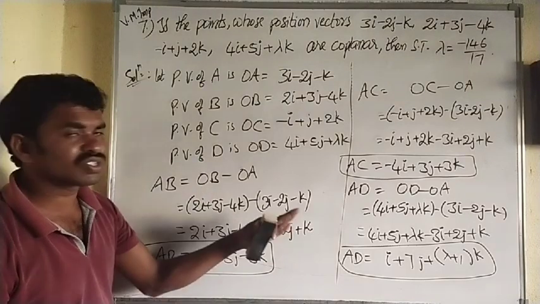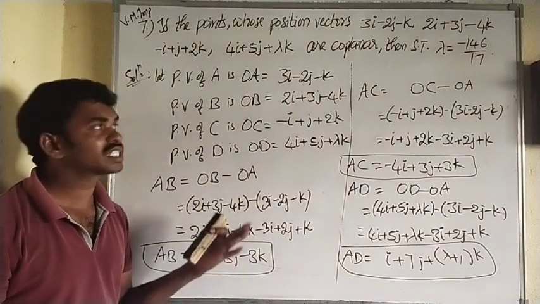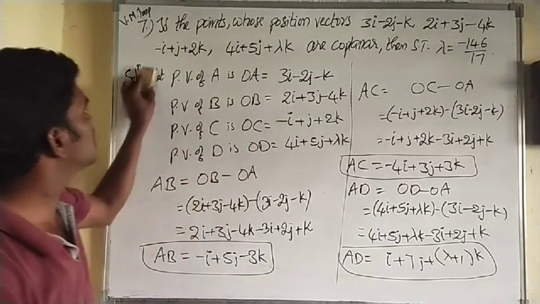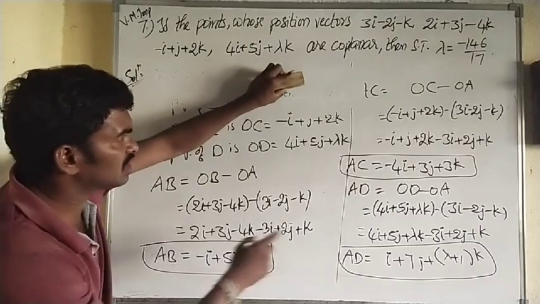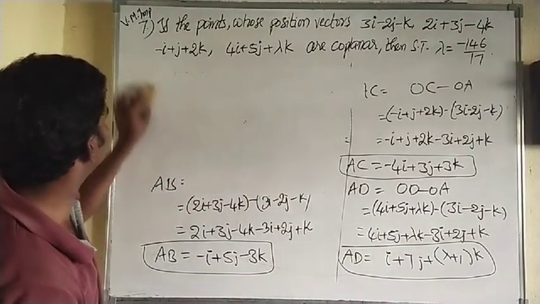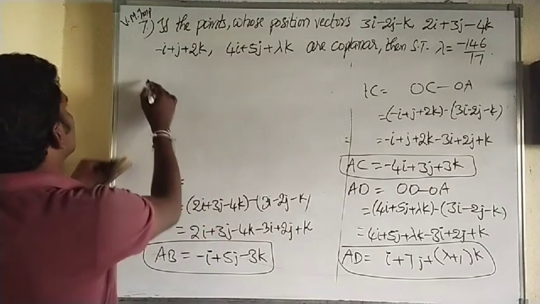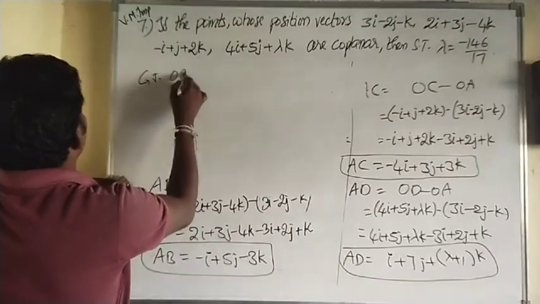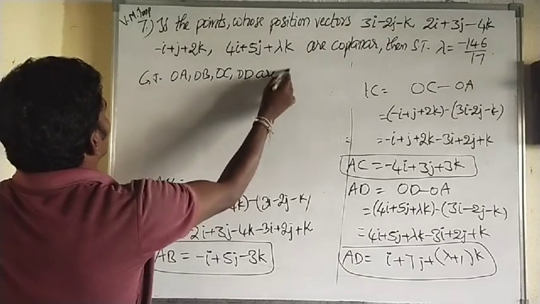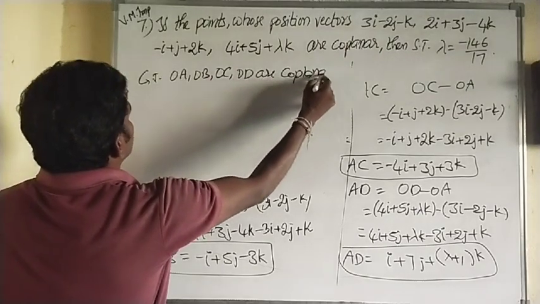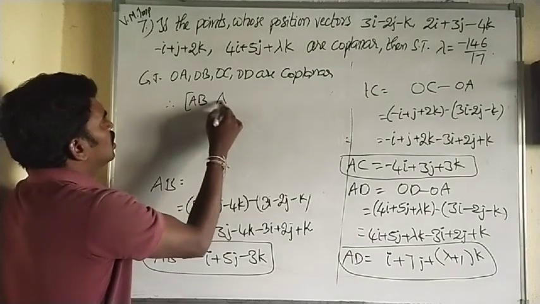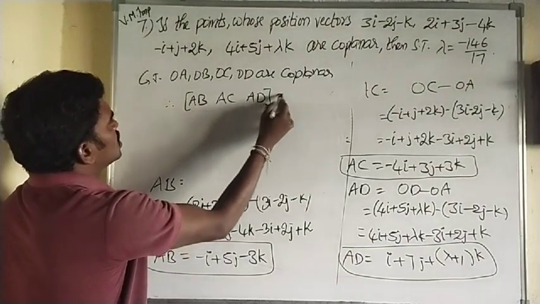Next, after this, what is the next step? Given that these 4 are coplanar, so box AB, AC, AD equal to 0. Why? Given that OA, OB, OC, OD are coplanar, so coplanar means therefore box AB, AC, AD is equal to 0.